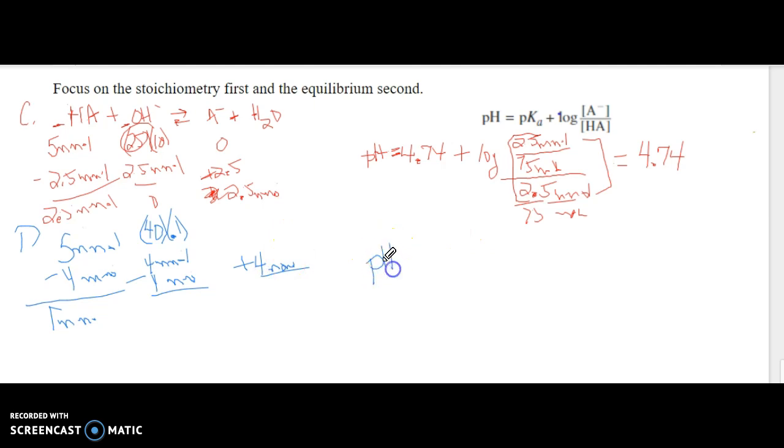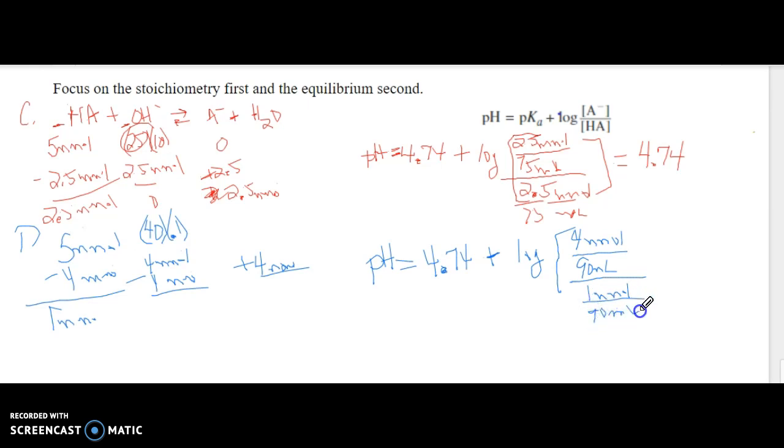So we know to do our pH, it equals 4.74 plus the log of what our base is, 4 millimoles over our total volume now, which is our original 50 plus 40, which is 90 milliliters, over 1 millimole over 90 milliliters.